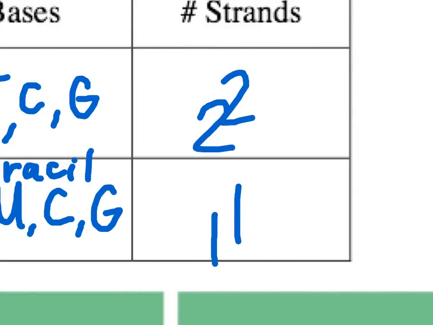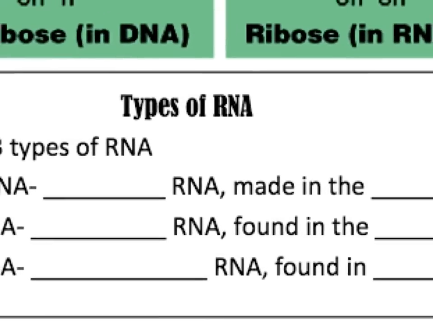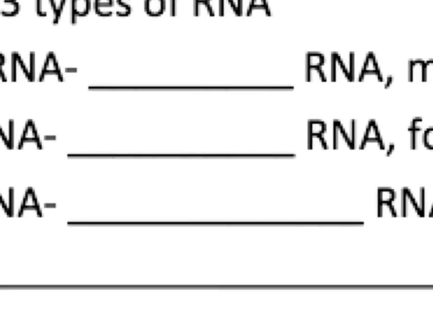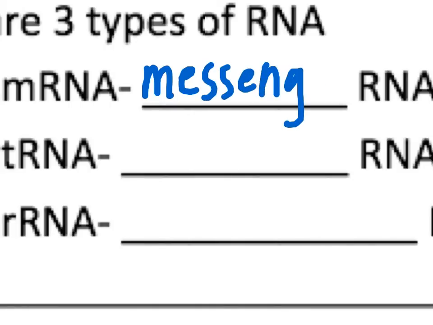Now we're going to look at some different types of RNA. If we come down here, there are 3 types of RNA. The first is mRNA, which the M stands for messenger. It's messenger RNA. tRNA, the T stands for transfer.